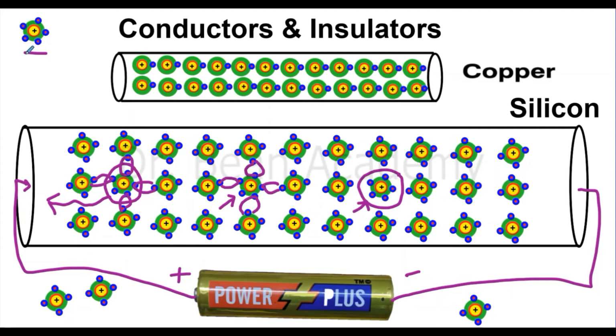And because phosphorus is pentavalent, meaning it has 5 electrons in the valence shell, it makes 4 covalent bonds with the 4 neighboring silicon atoms, but 1 electron is always left for each atom. And that one free electron will do my job. It will help me to run the current through this material.